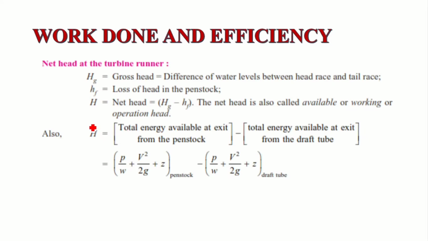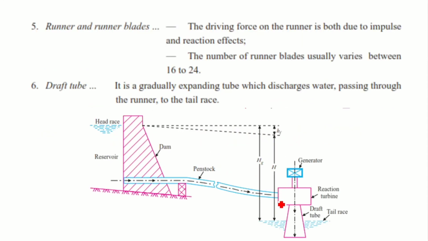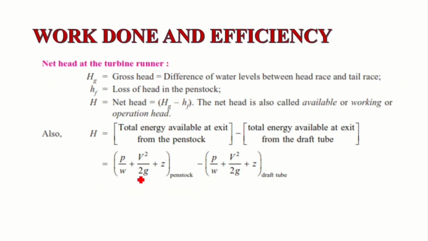Net head can also be obtained from the energy equation. It is the difference between the total energy available at the exit from the penstock and the total energy at the draft tube inlet. The difference between these two energies gives the net head.